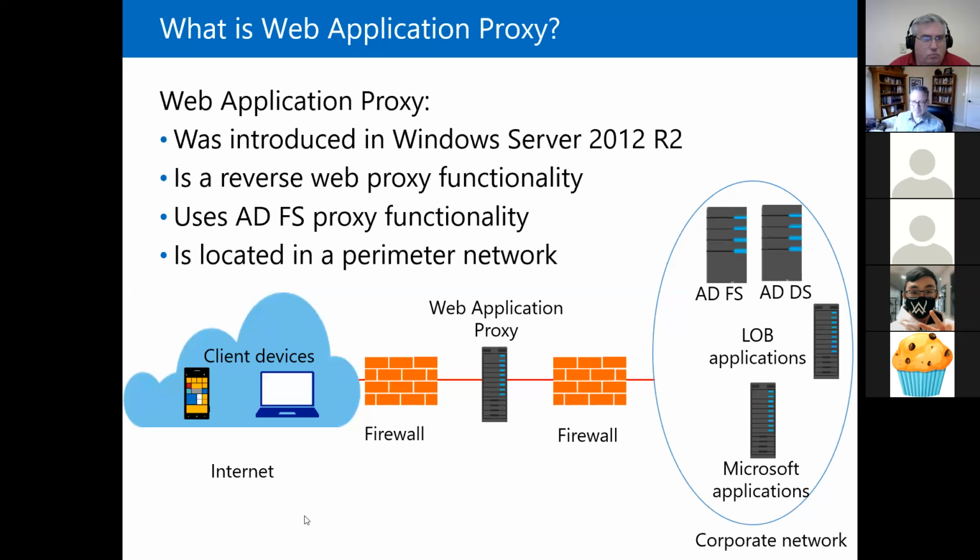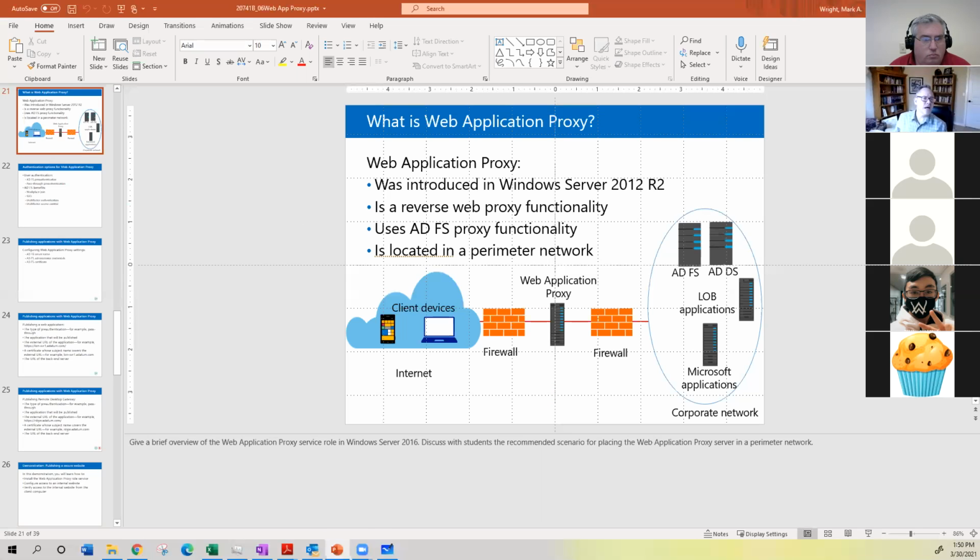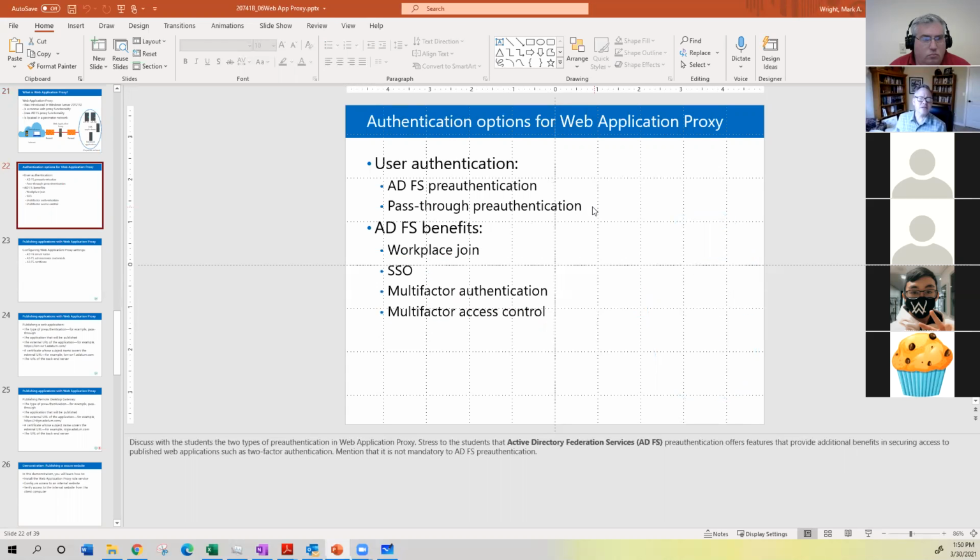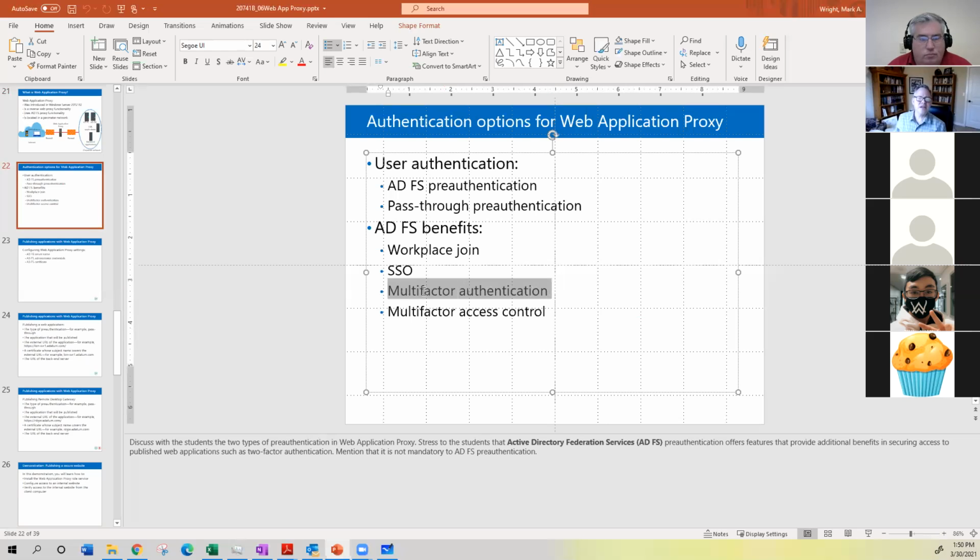Okay, single sign-on. You can do multi-factor authentication, so forth. Multi-factor access control, pass-through, or ADFS pre-authentication. So you can pre-authenticate and then be authenticated from then on. So those are some benefits.